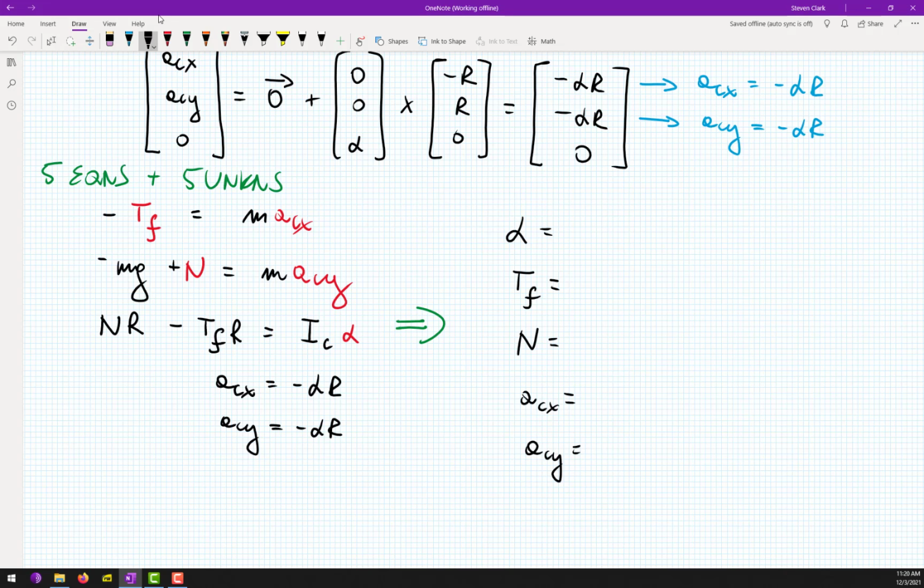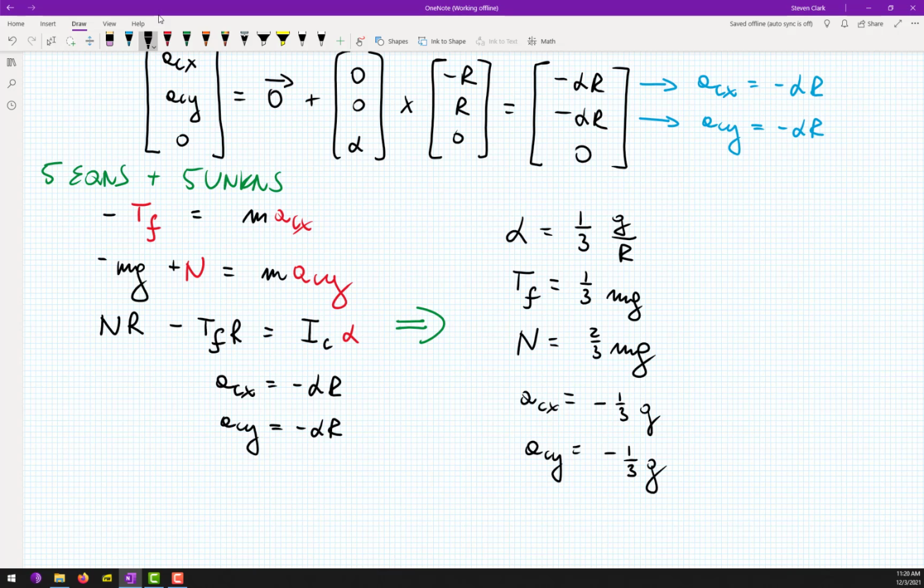So alpha is equal to 1/3 G divided by R. TF is equal to 1/3 mg. N is equal to 2/3 mg. And ACX is equal to minus 1/3 G, of course, and ACY as well.